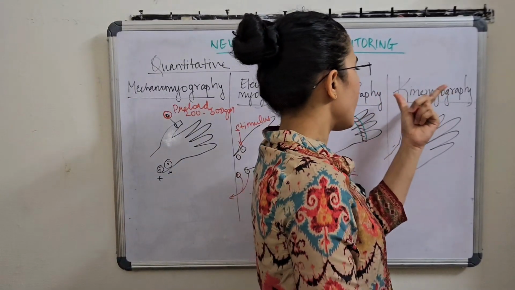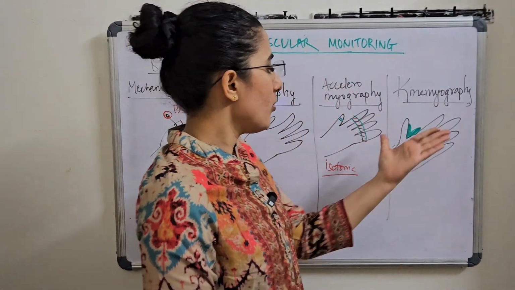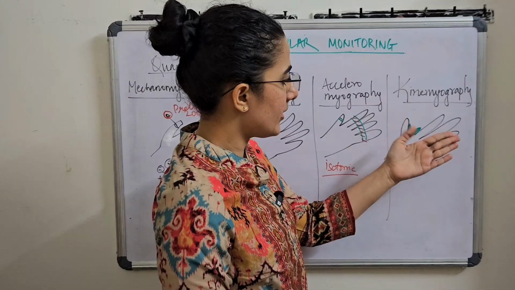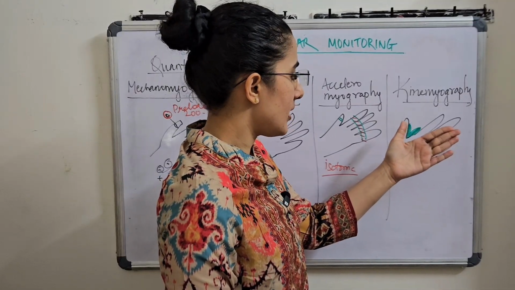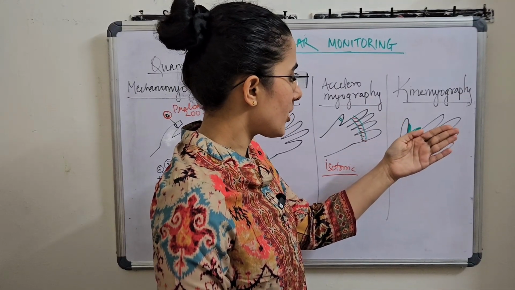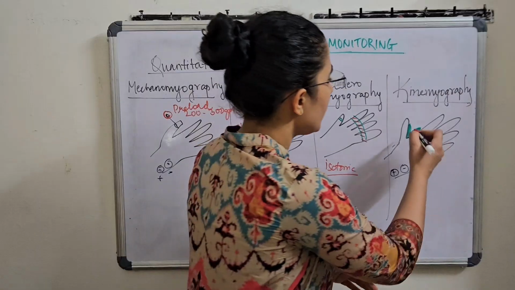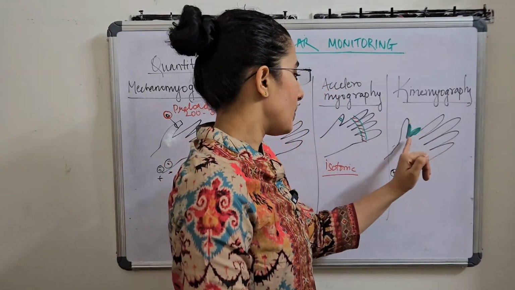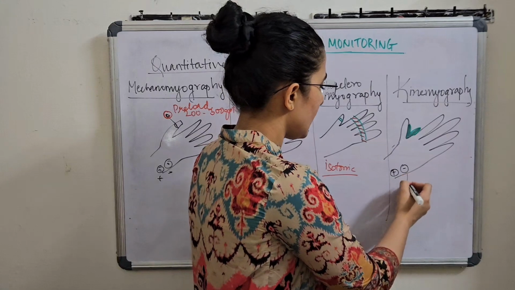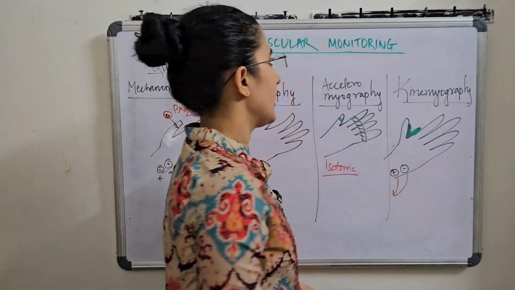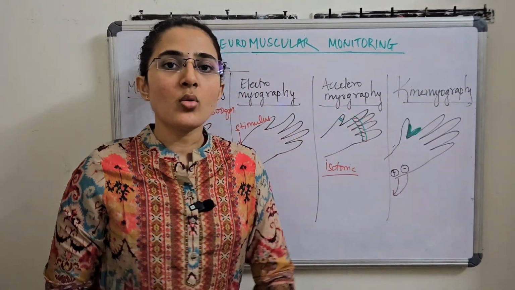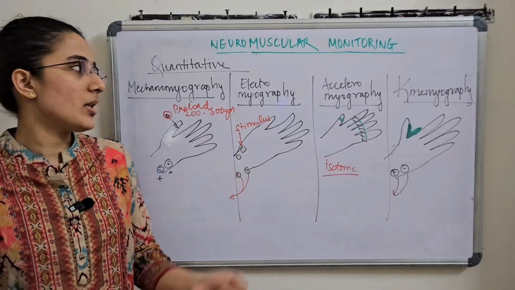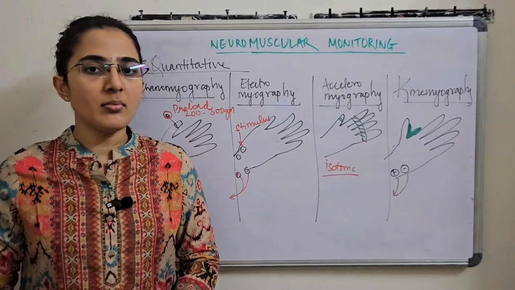Next is kinemyography, where the movement of the thumb against the finger is detected. The contraction is directly proportional to the bending of the piezoelectric wafer, and here the signal is detected. So these are the quantitative methods for neuromuscular monitoring.